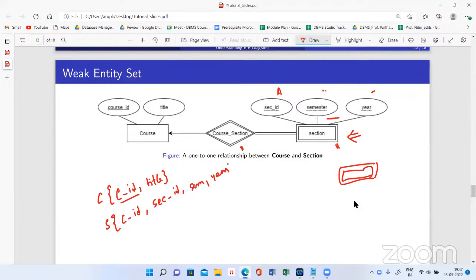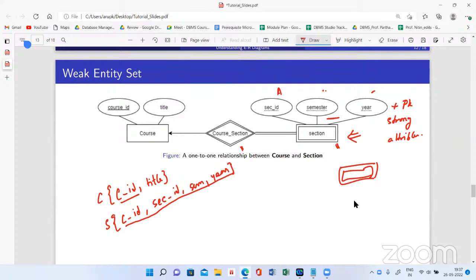Now what should be the primary key? The discriminator along with the primary key of the strong entity creates the primary key for the weak entity.